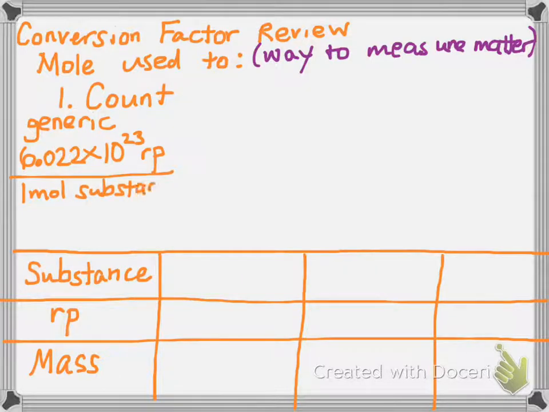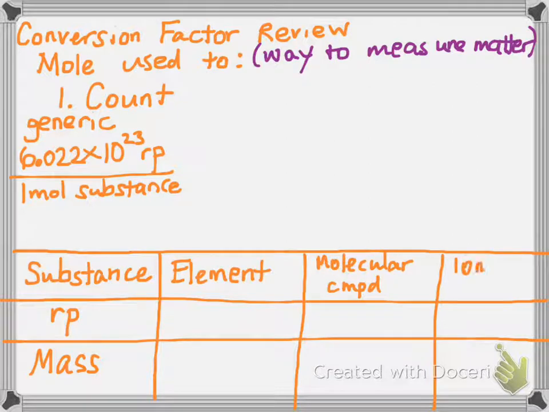I say you probably don't have that one because what you probably put on your toolkit were these 3 different substances. One of our substances is an element. Another is a molecular compound. And the last is an ionic compound.